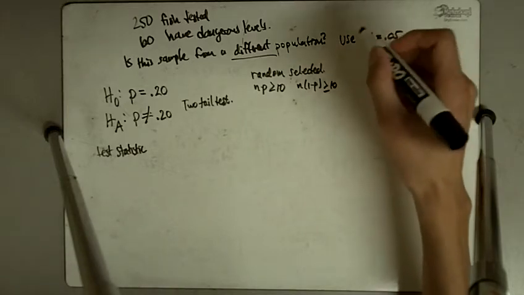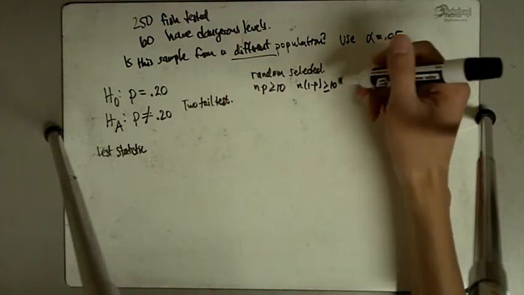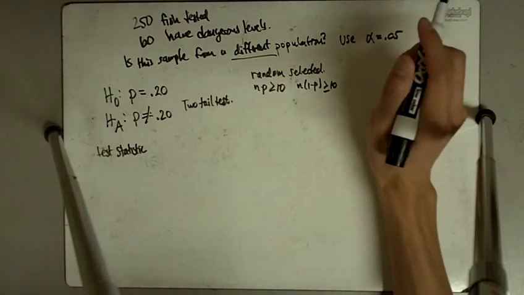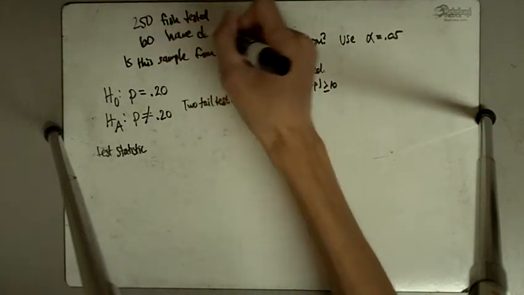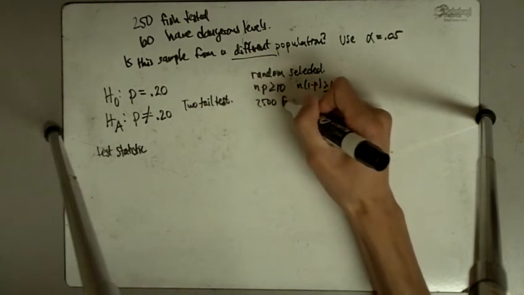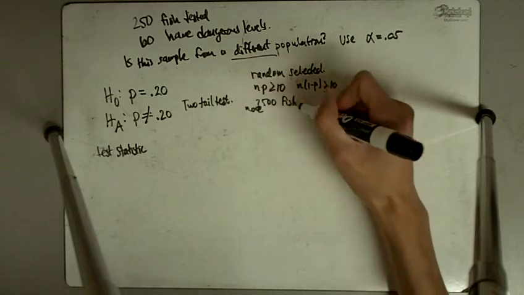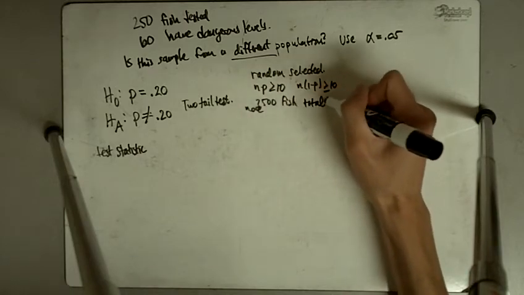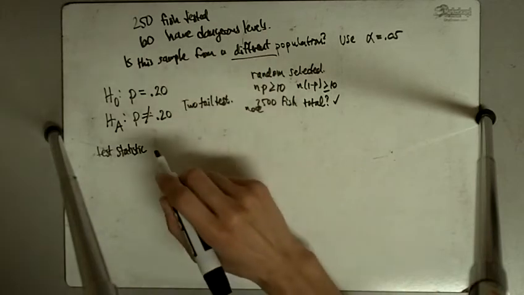Yes. 20% times 250 and 80% times 250 are both greater than 10. Is it reasonable to believe there are more than 2,500 fish total? Sure, that also makes sense. So our conditions check out.